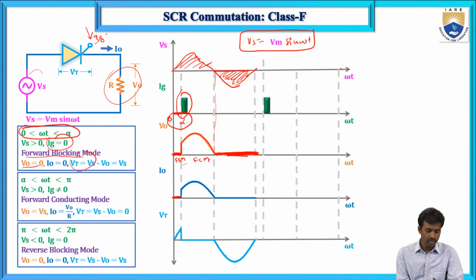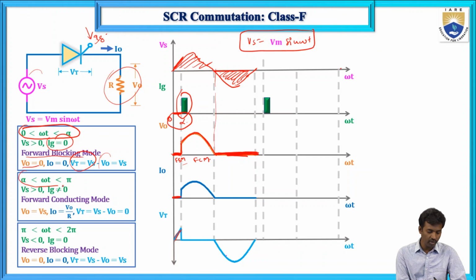Next, Vt equals the supply voltage: Vt equals Vs minus V0, which equals Vs only, because output voltage is 0. Now the second mode is the forward conducting mode, so it follows the supply voltage.